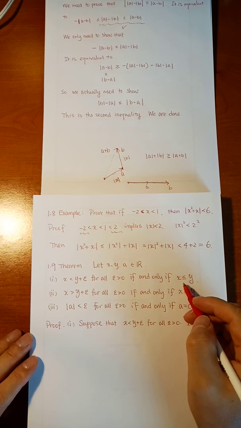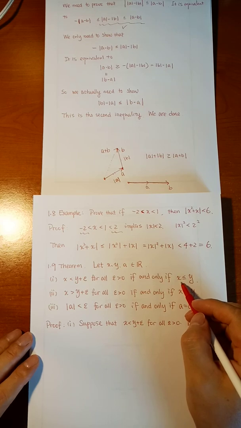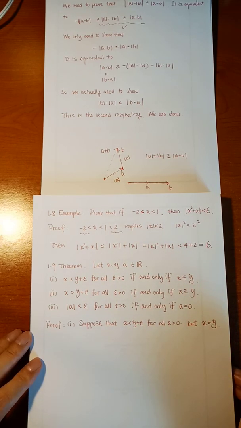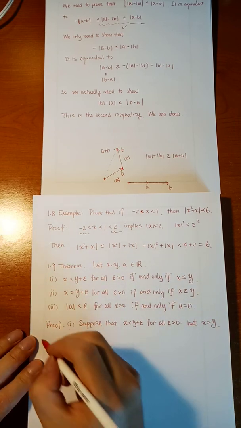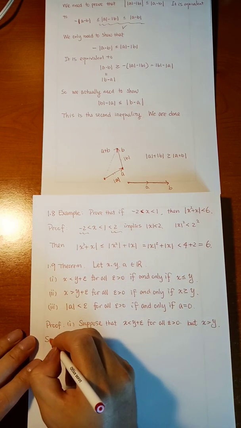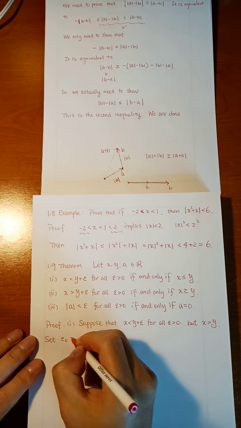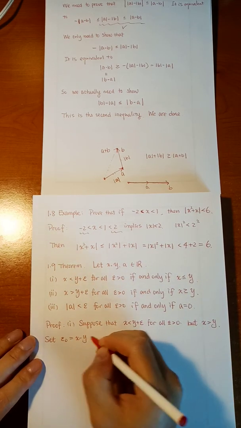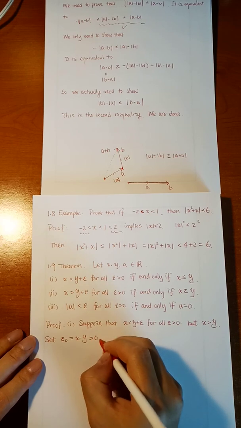The conclusion is not correct. The conclusion says x is less than or equal to y, but here you assume x is greater than y. Okay, then set epsilon 0 equal to, okay, x is bigger, y is smaller, so x minus y. And this is greater than 0.